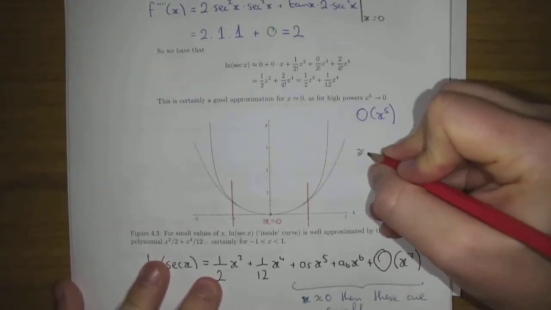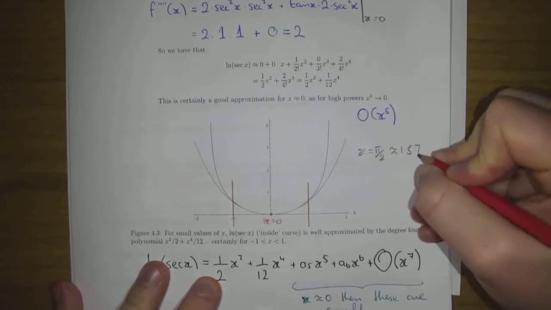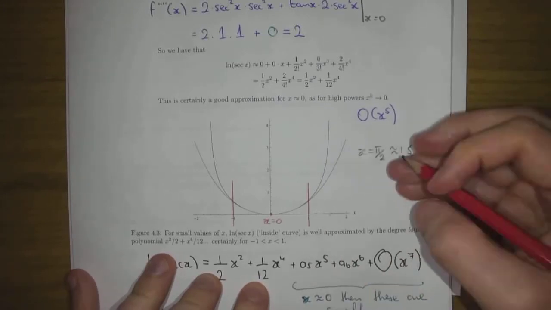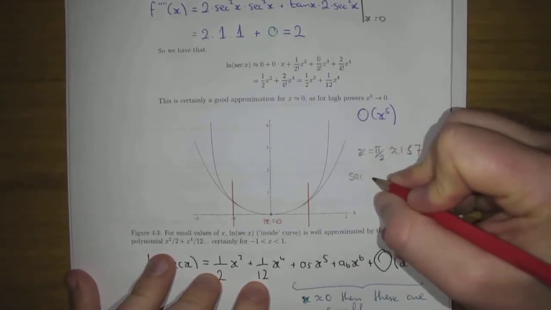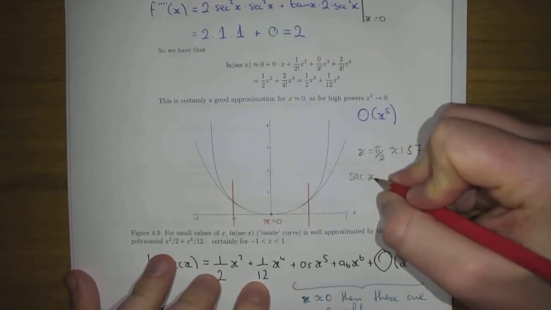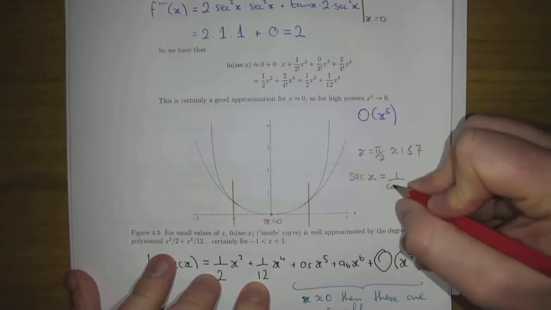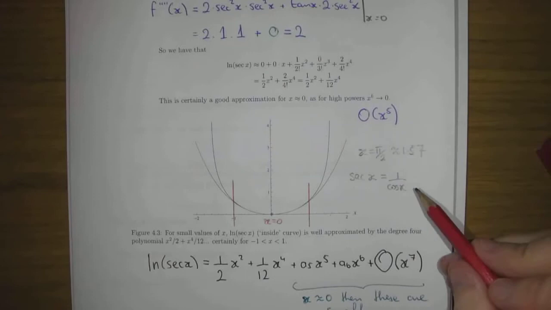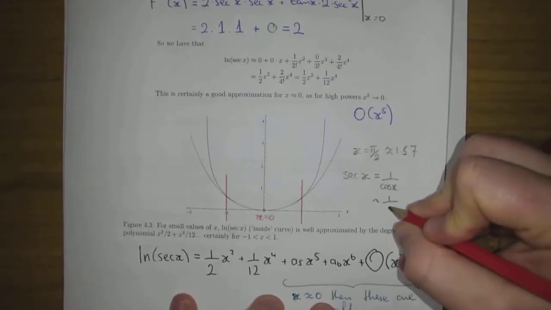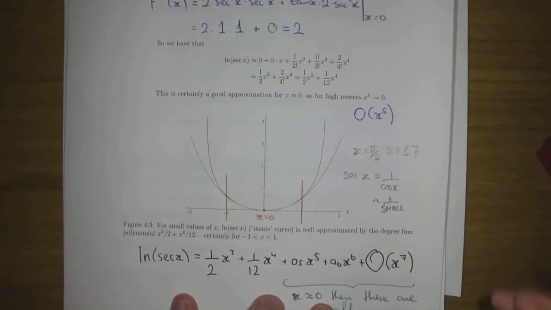So at x equals pi over 2, which is approximately 1.57, which we might be able to see on this graph, coming up to here, what happens is sec of x, which is equal to 1 over cos of x, and cos of pi over 2 is 0, so this is like 1 over very, very small, and that goes very, very big.